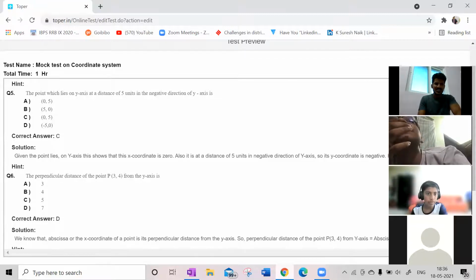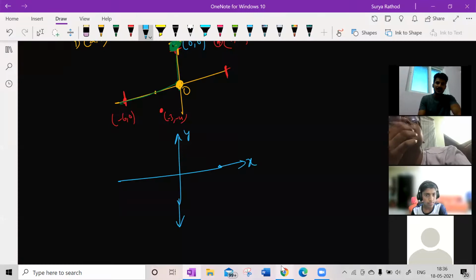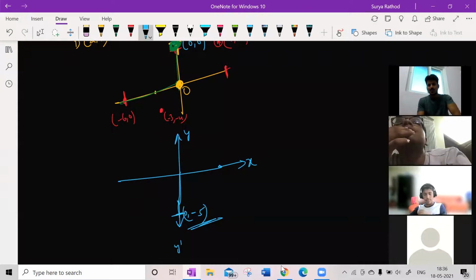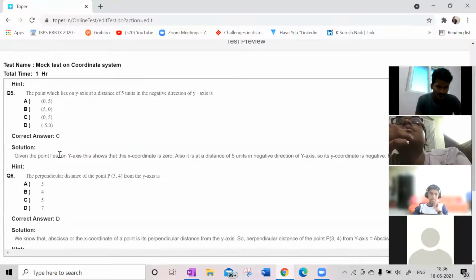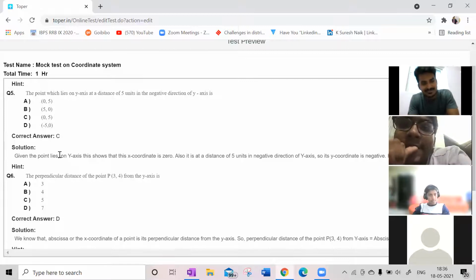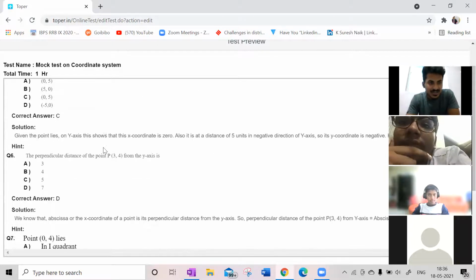The point lying on the y-axis, 5 units in the negative direction, will be here. So (0, -5). It should be option C, but option A and option C are both the same. See, this is the mistake that has crept in. Not an issue.